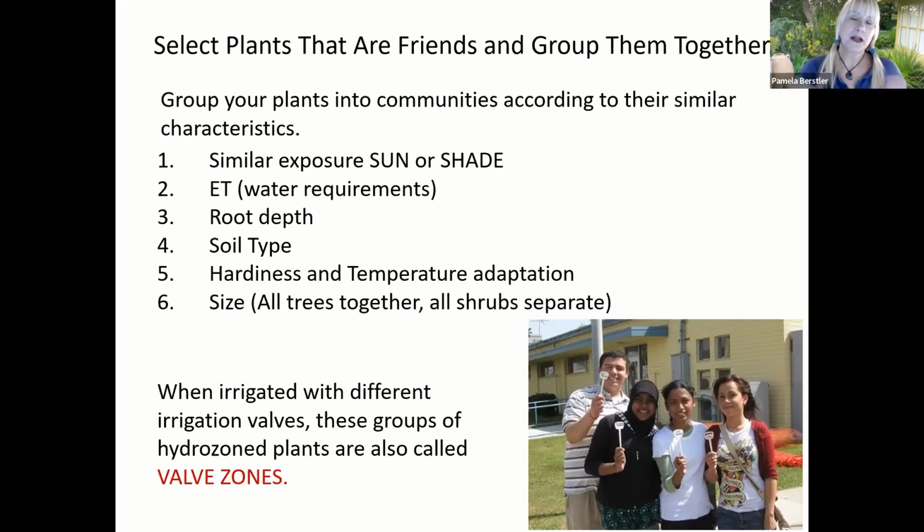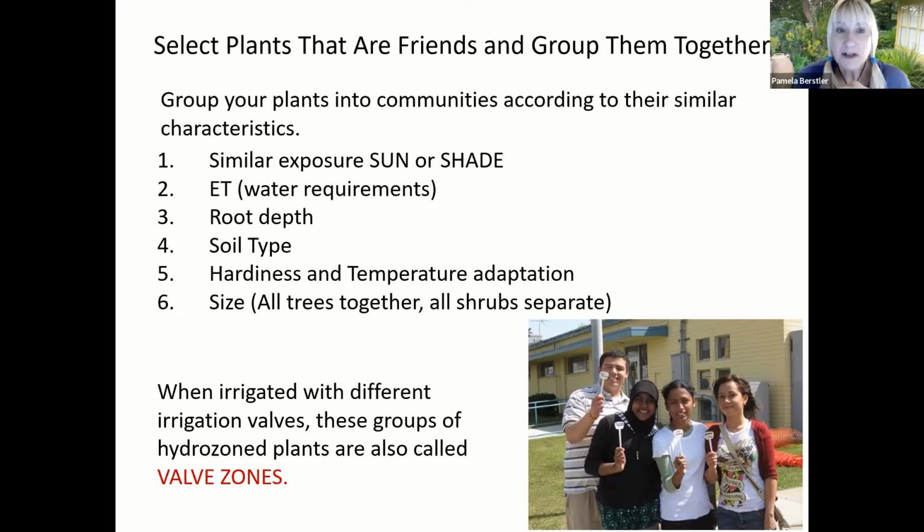And so putting those plants onto a separate hydrozone, irrigating them separately, putting them on a different valve zone, and then having them be calculated separately in landscape water requirement can be very beneficial, because you can show the value of putting water on those plants. And if for some reason water is going to be restricted, you can make the case that those plants are the ones that you should be putting water on, and you are in fact saving water because you're not putting water on these other plants.